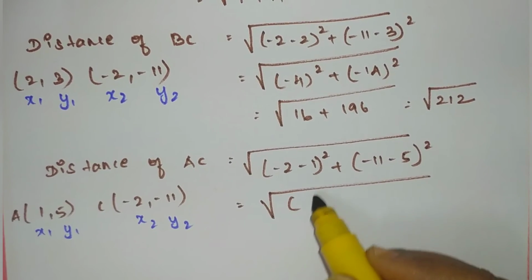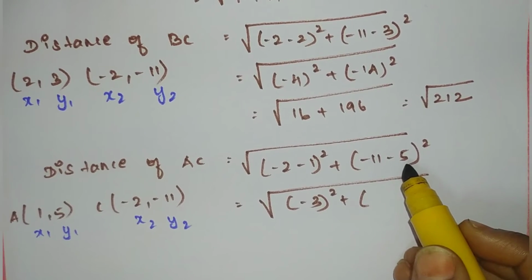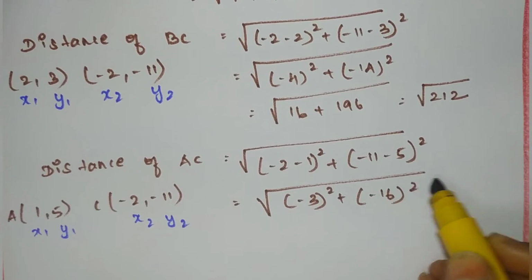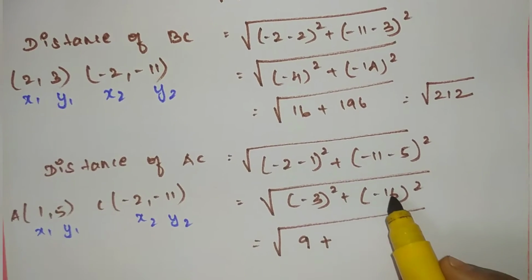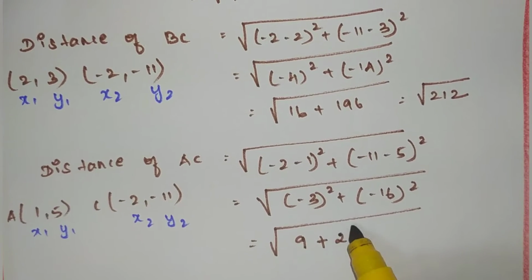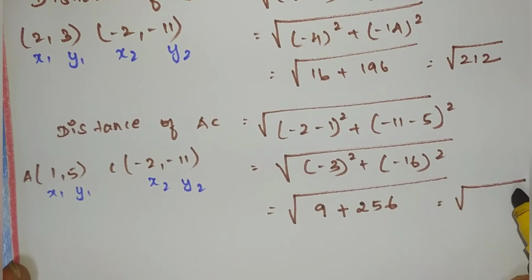So -2 minus 1 is -3 the whole square, -11 minus 5 is -16 the whole square. Then 9 plus 256. So if you add, what will you get?